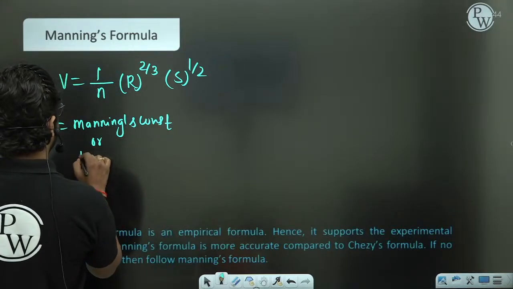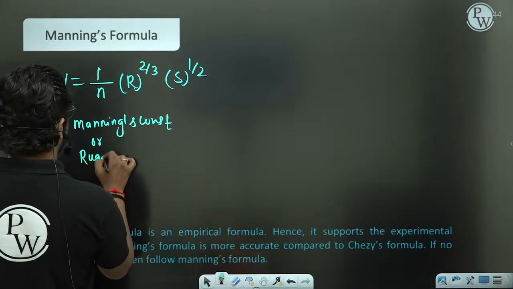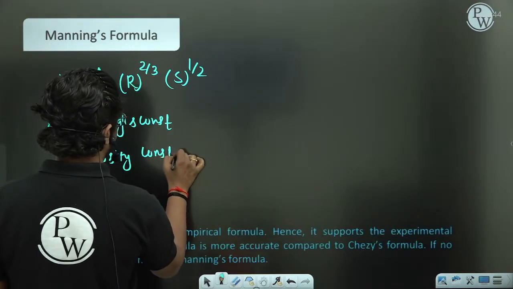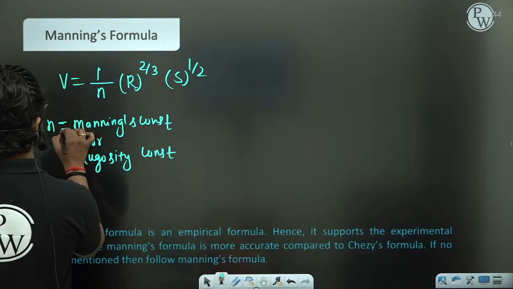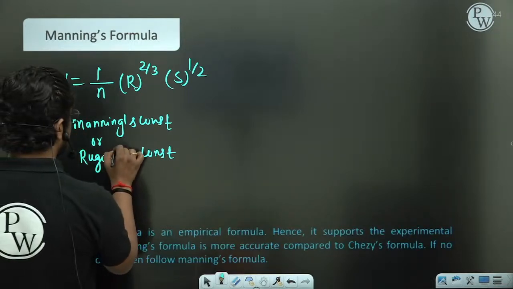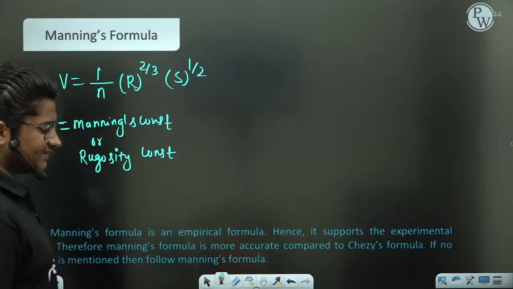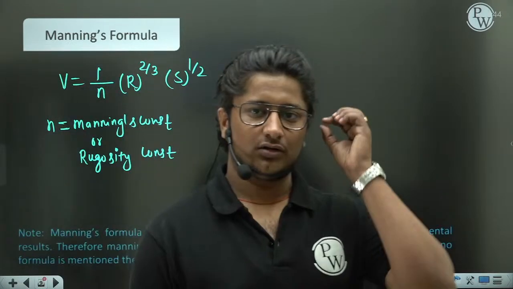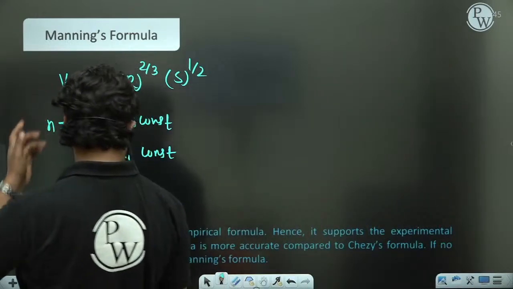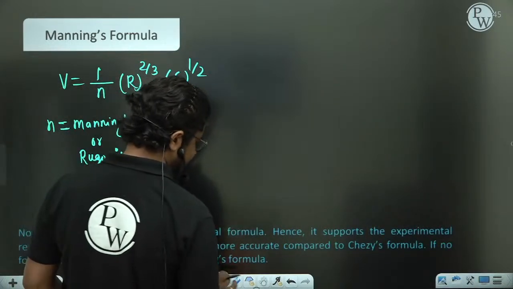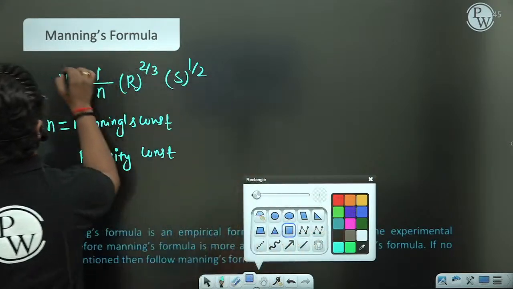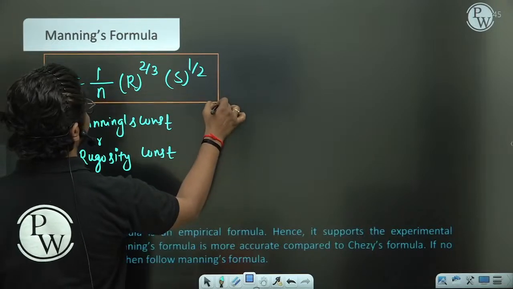We also call this the roughness constant. So n we call Manning's constant or roughness constant. That is the meaning of n.